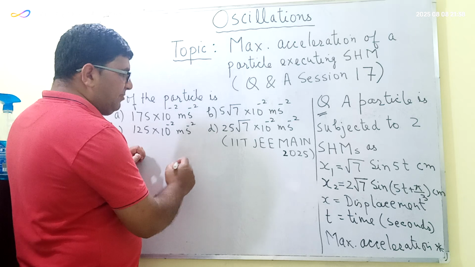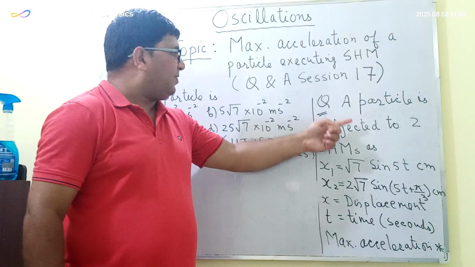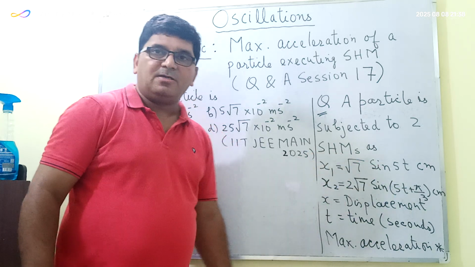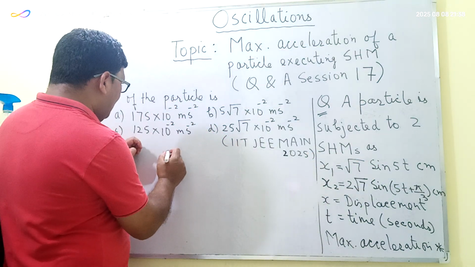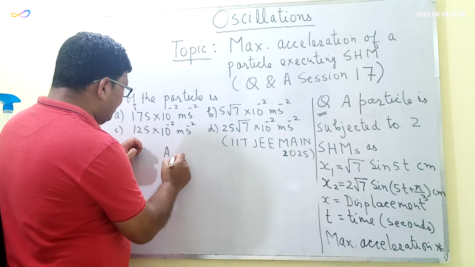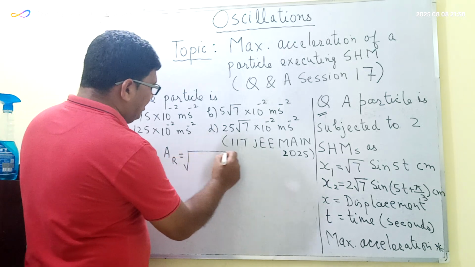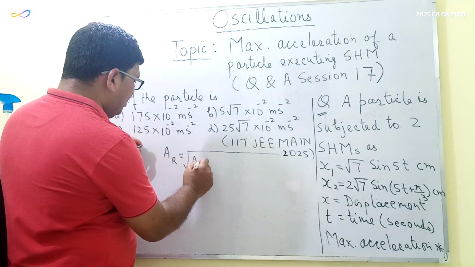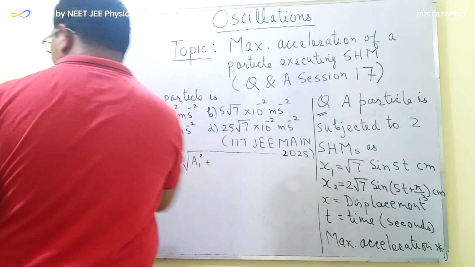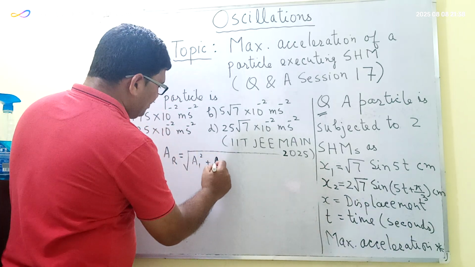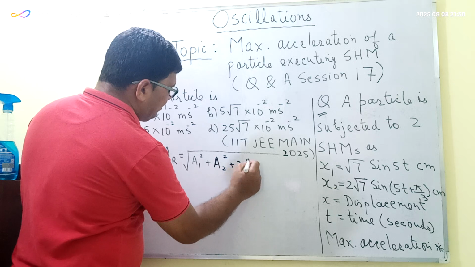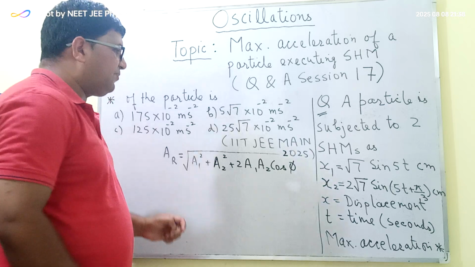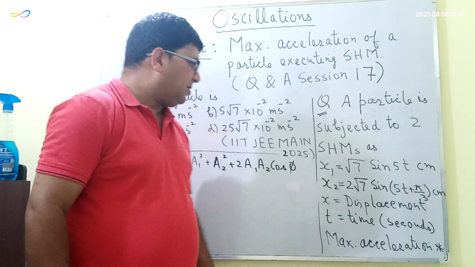In session number 11 we have learned that if a particle is subjected to two simple harmonic motions having the same frequency, then the resultant amplitude, say AR, of the resultant simple harmonic motion will be equal to the square root of A1 square plus A2 square plus 2 times A1 A2 cos phi, where phi is the phase difference between these two simple harmonic motions.